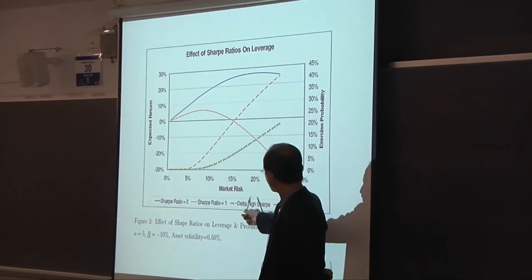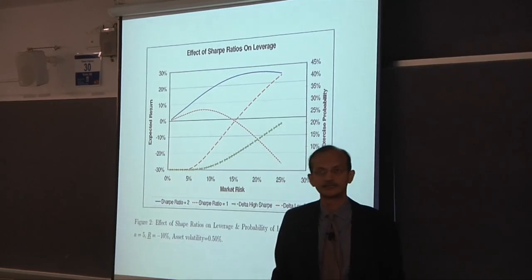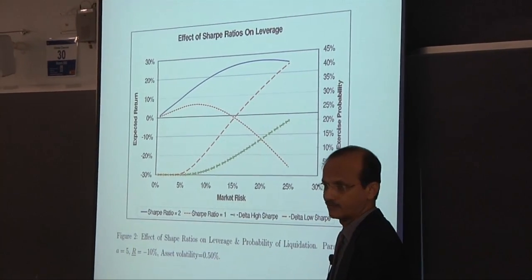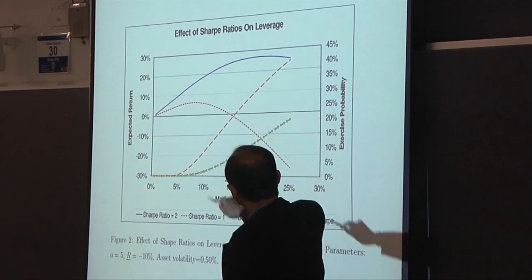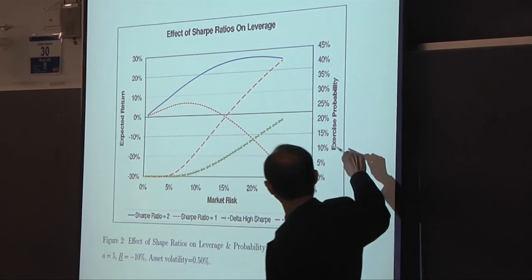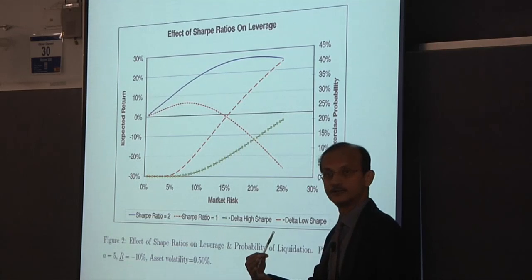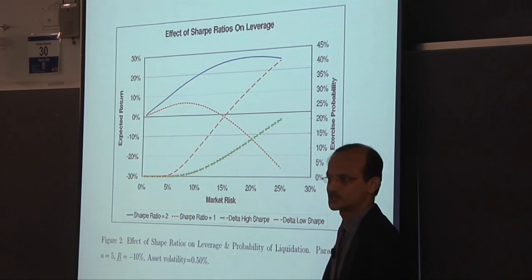Along the x-axis, we are plotting market risk. What do we mean by market risk? It's leverage times the volatility of the underlying fund. Both of them are combined in the market risk. On the left y-axis, you have the expected return. On the right y-axis, you have the exercise probability. What do we mean by this? This is the likelihood that either the funding option or the redemption option would be exercised.